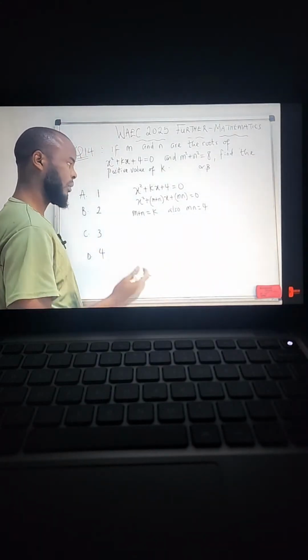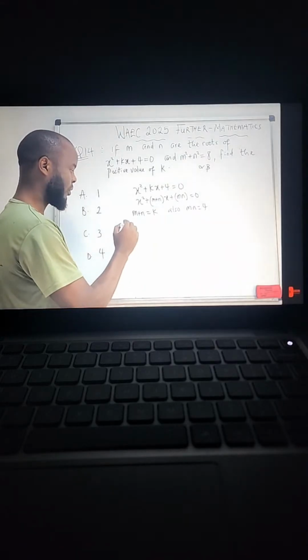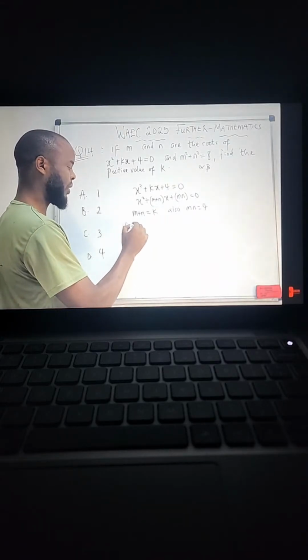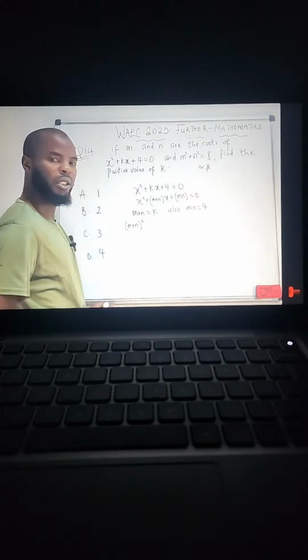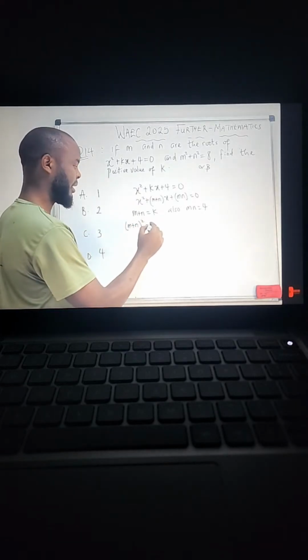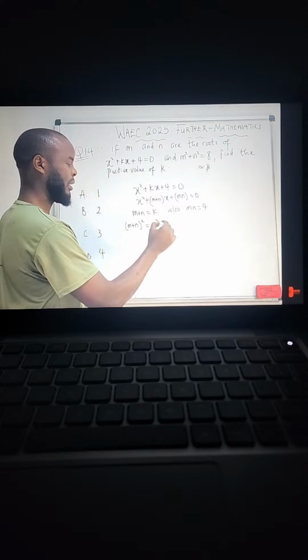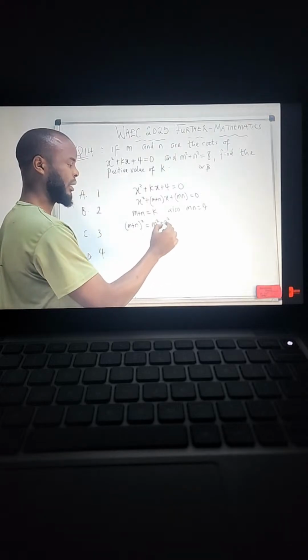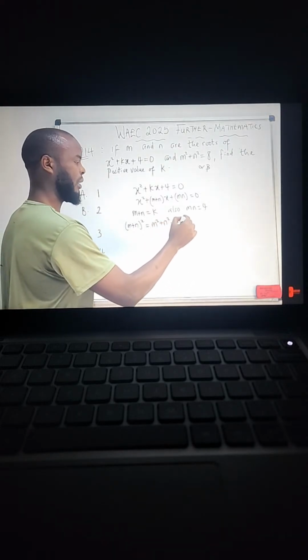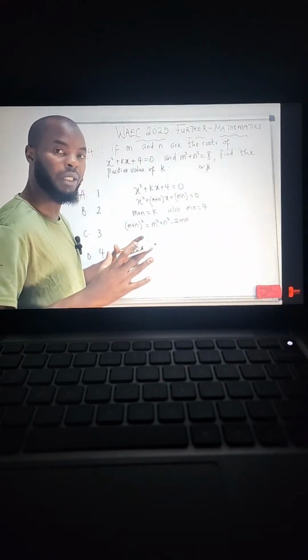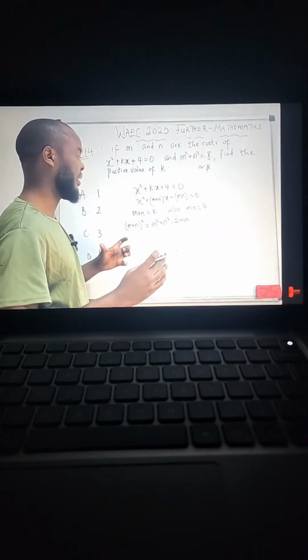Once we've done this, what next? I want you to also recall that when we have m plus n all squared, this can be simplified as m squared plus n squared plus 2mn when you expand the bracket.